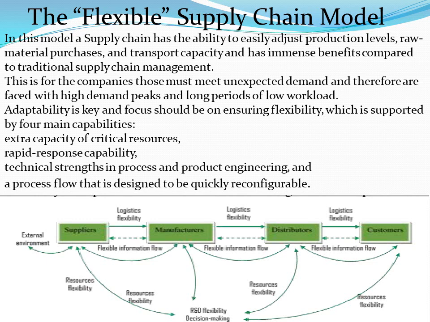Adaptability is key, and focus should be on ensuring flexibility, which is supported by four main capabilities: extra capacity of critical resources, rapid response capability, technical strengths in process and product engineering, and a process flow that is designed to be quickly reconfigurable.